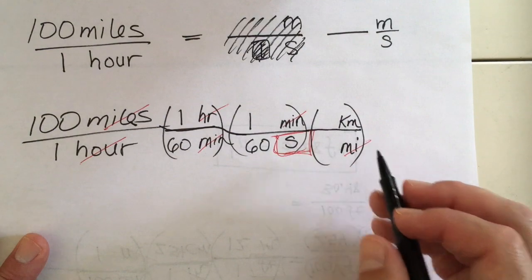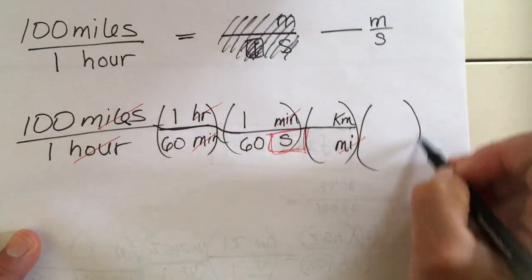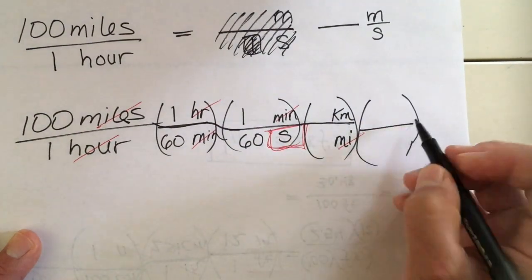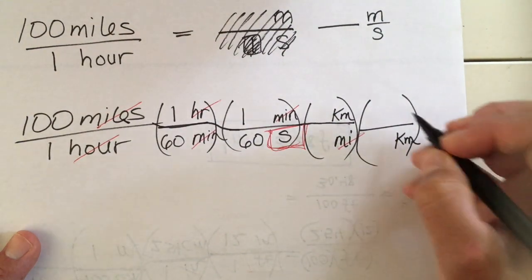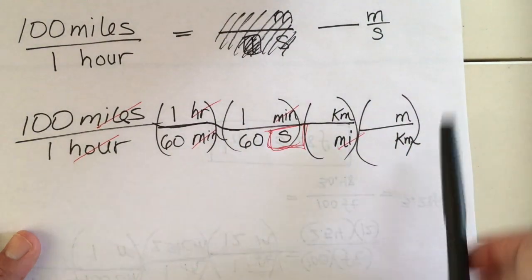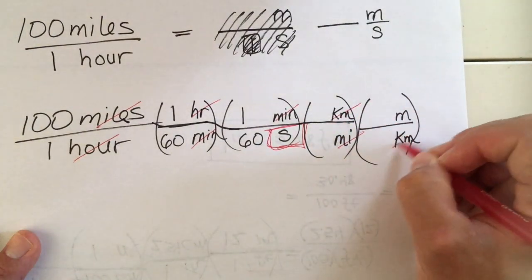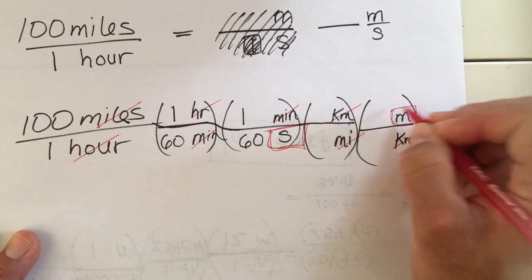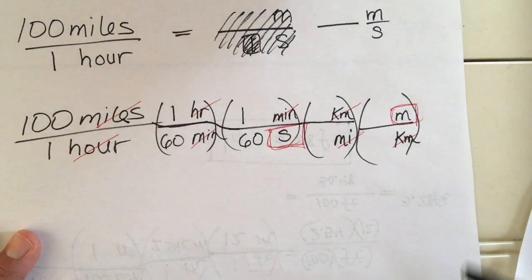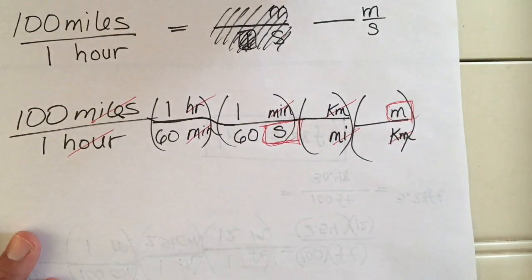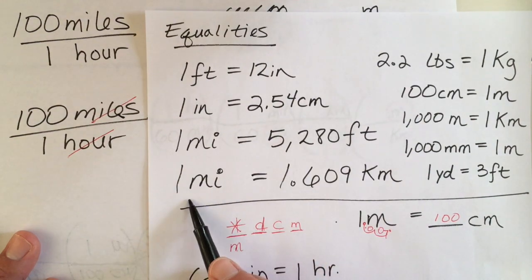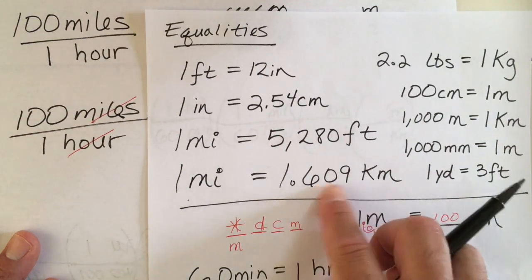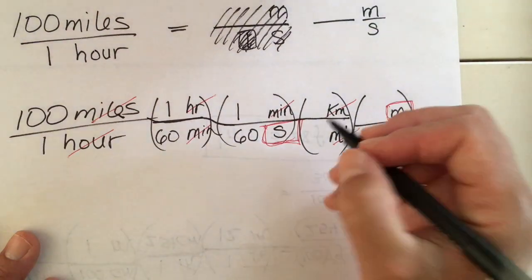But I don't want kilometers, I want meters, so I need one more. Once again, where does the trash go? Well, again, on bottom. And meters goes on top. And just so I can cancel this, and I'm left with meters. Now I go ahead and put my numbers all in. So it looks like going back to here with kilometers and miles, the 1 went with miles and the 1.609 goes with kilometers.